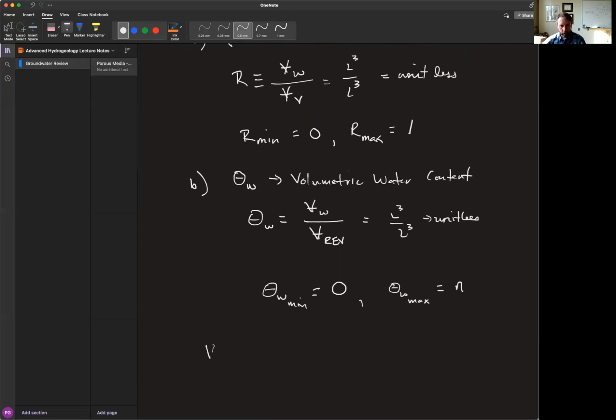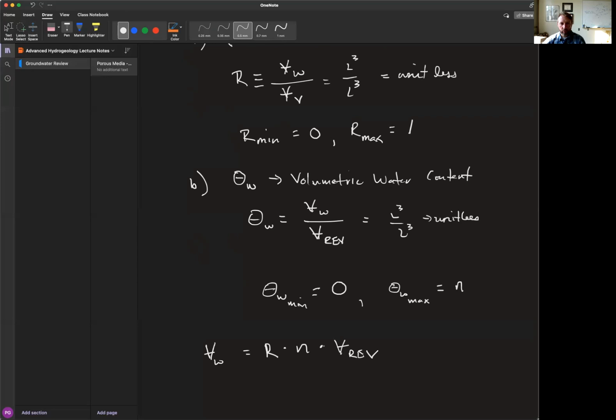My volume of water, I can calculate as the saturation ratio times the porosity times the volume of the REV.